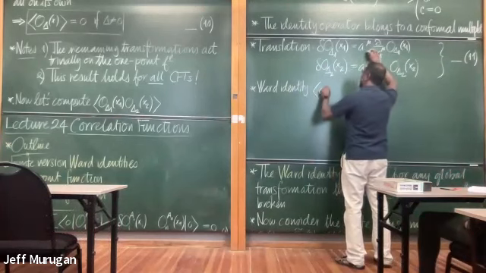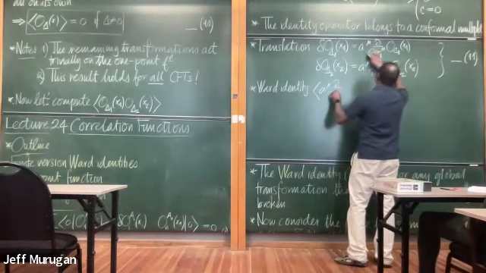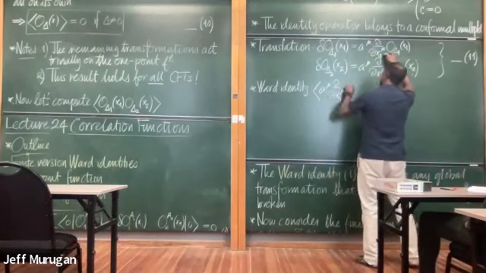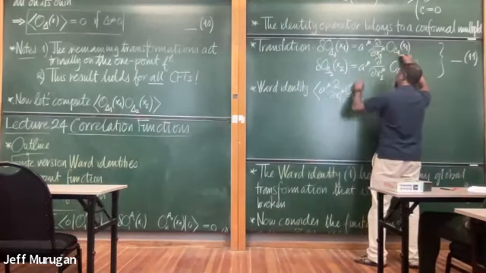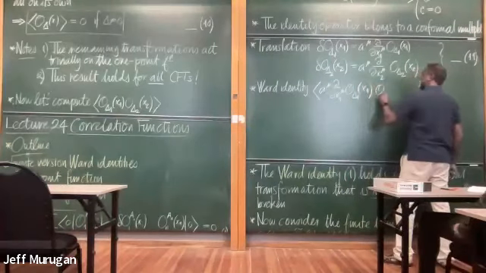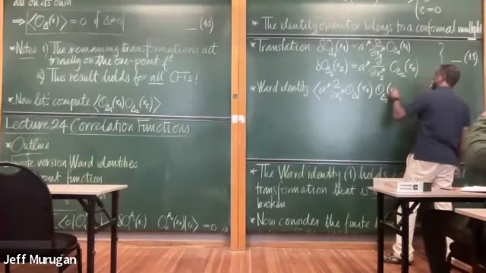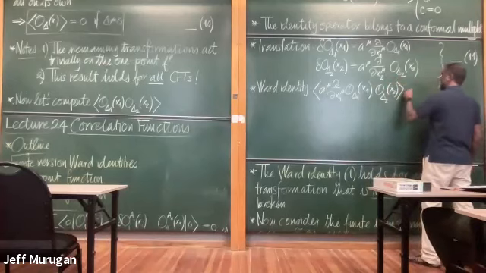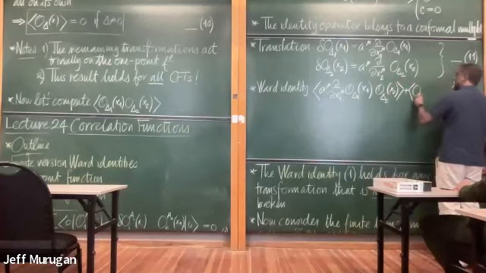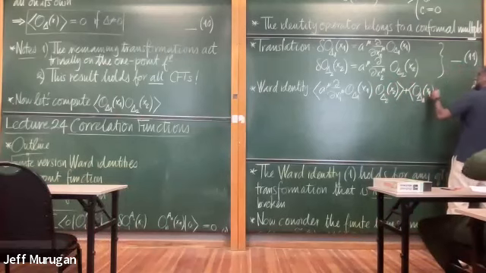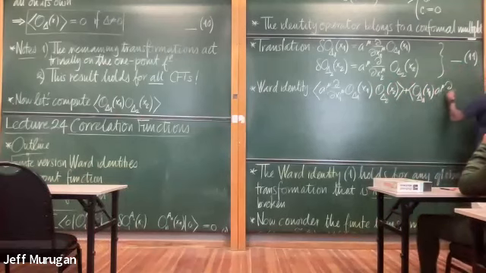So it's a mu d by dx1 mu O delta 1 at X1 times O delta 2 at X2, plus O delta 1 at X1 times a mu d by dx2 mu O delta 2 at X2, and all of this must equal 0.